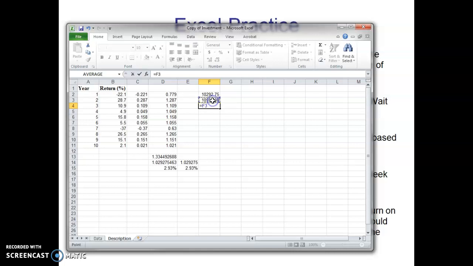And then I do the same thing. Multiply it by this. And that's how much I have at the end of year 3. Let's keep going. This. And that's what I have at the end of year 4. That's what I have at the end of year 5.